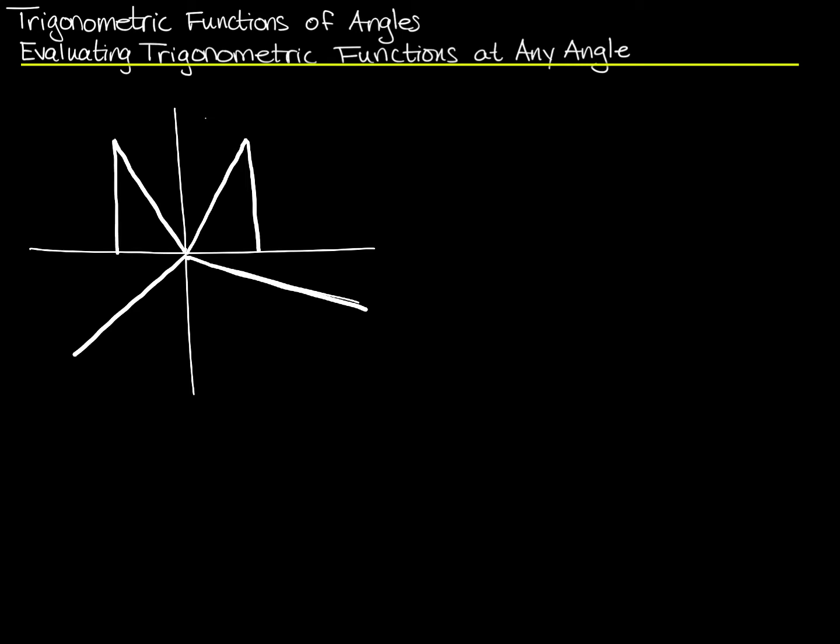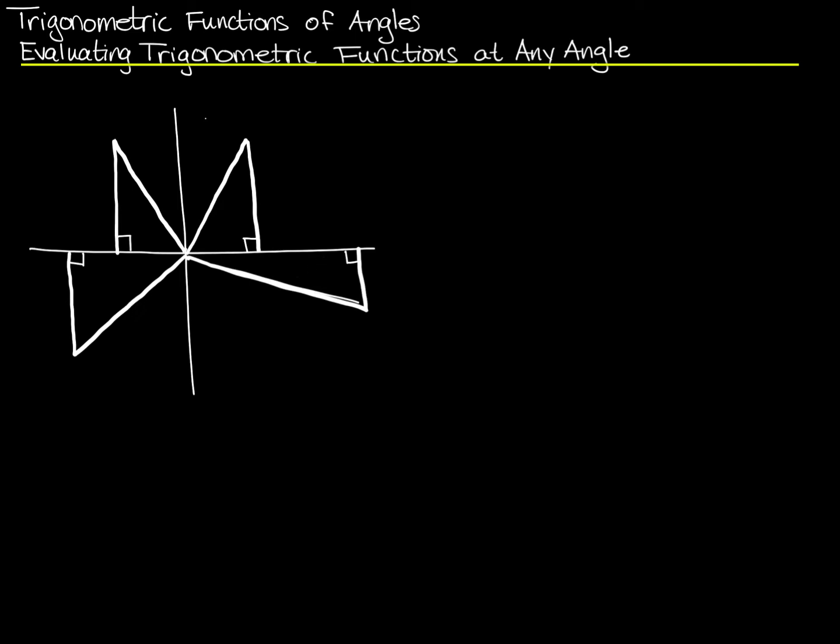Dropping a vertical is a bit of a misnomer here. I guess you could drop it in the other direction, I suppose. Same thing here. And in each case, that is how I end up with a right angle. There's a right angle here, a right angle here, here, and here. Notice that I always drop the vertical, and it's a vertical, so it's going to the x-axis.